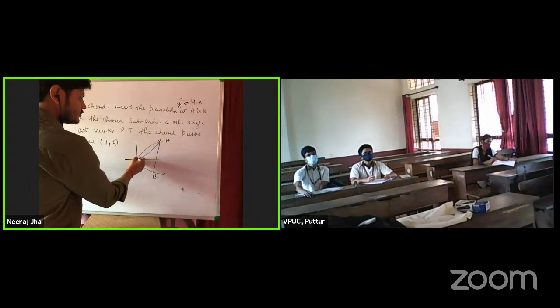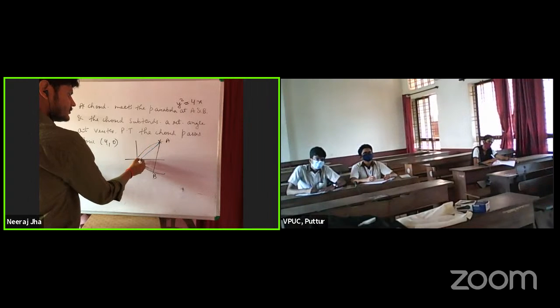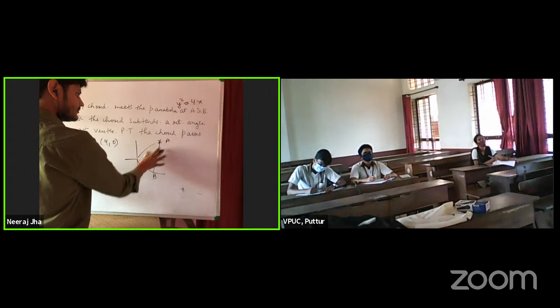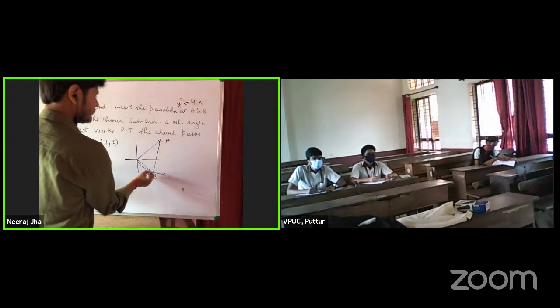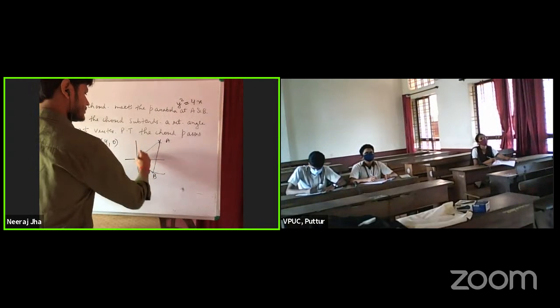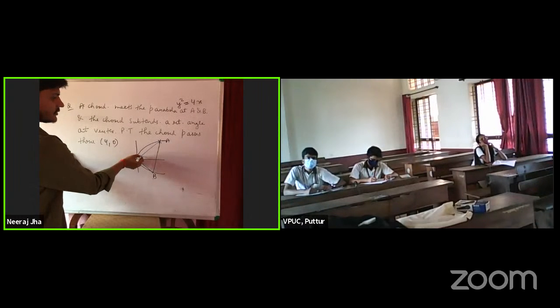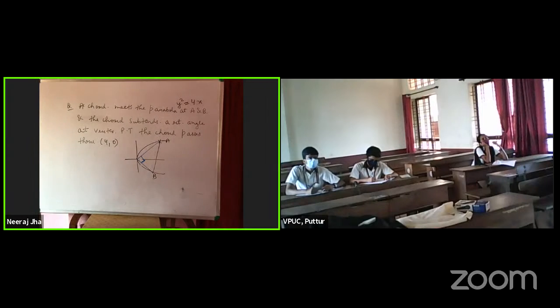That means if you join these two, this is a parabola, some sort of a parabola है, ऐसा कुछ parabola है ना? This chord is making a right angle at this vertex. You have to prove that this chord is passing through 4 comma 0.